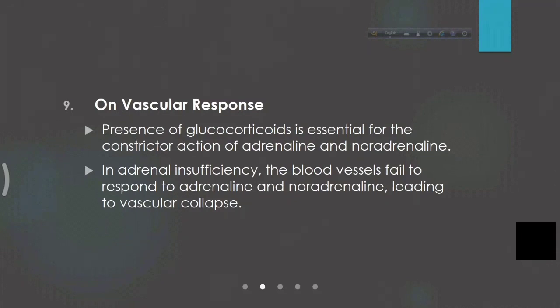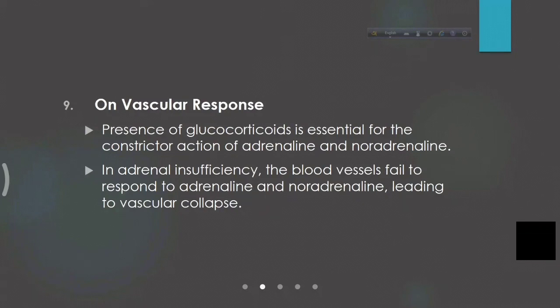Cortisol has some vascular effects. It is essential for the constrictor activity of the catecholamines, adrenaline and noradrenaline, which are secreted by the adrenal medulla. Adrenal insufficiency will lead to the blood vessels failing to respond to adrenaline. Adrenaline is given when a person is in shock.